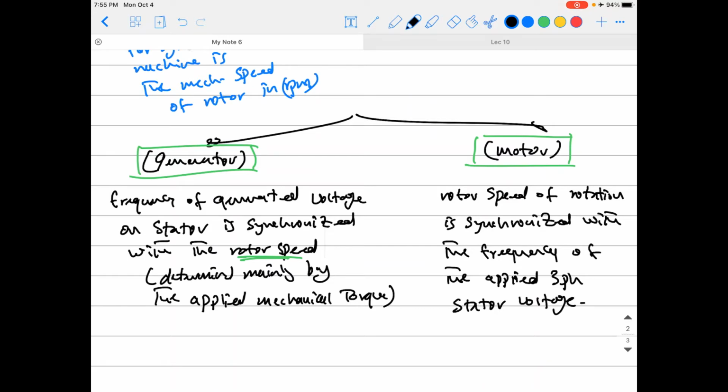Because for a motor we are just supplying voltage to the stator, and now the torque will be produced and the machine will start rotating.